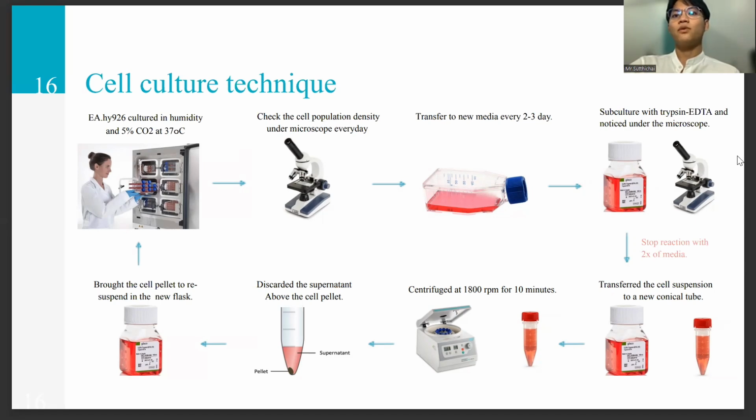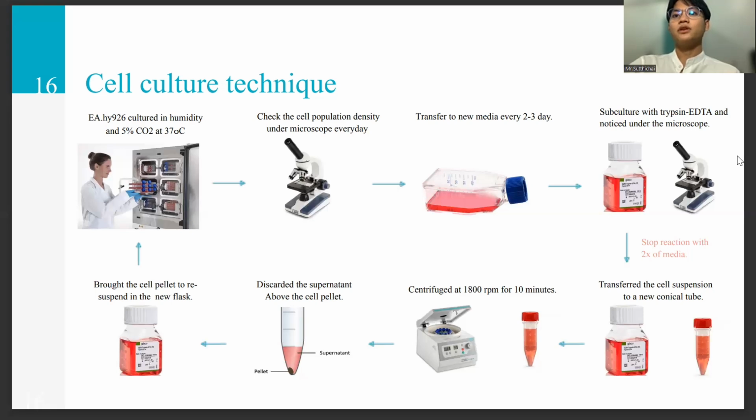Subculture will be performed by using trypsin EDTA to detach the cells from the flat surface and check under the microscope.